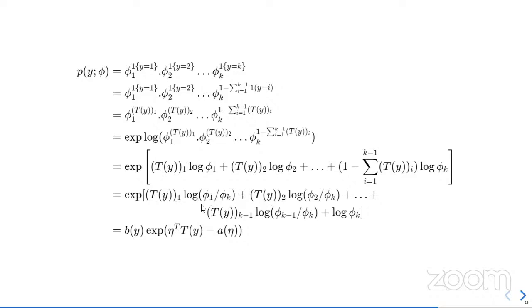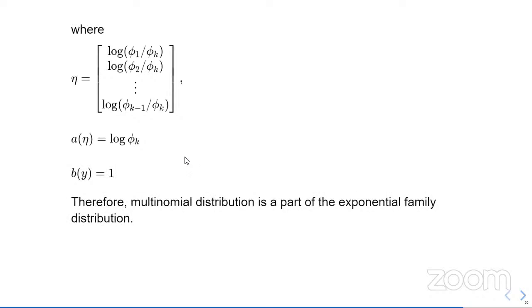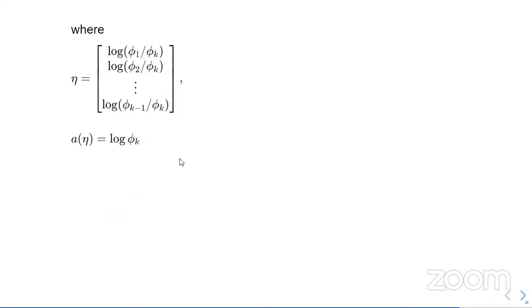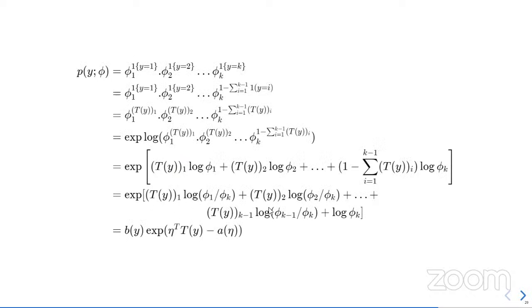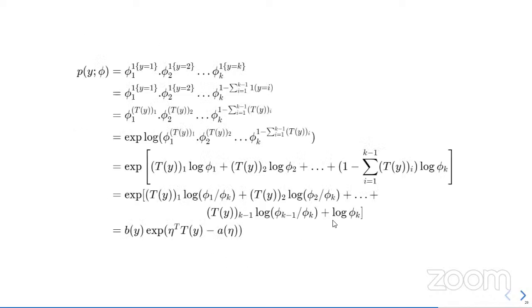So this is the vector product of T of y and the eta vector, with the T that we have already defined. If you take the product, this expression comes out. So we can say that from this expression our eta is this vector, T we have already defined, and then there is minus a of eta. So here a of eta becomes minus log of phi k.